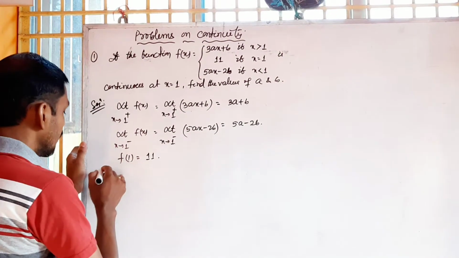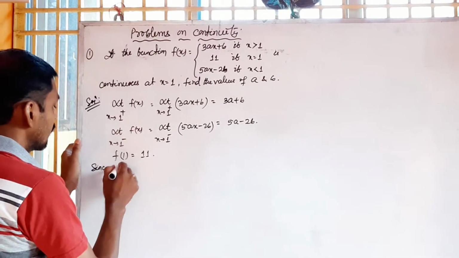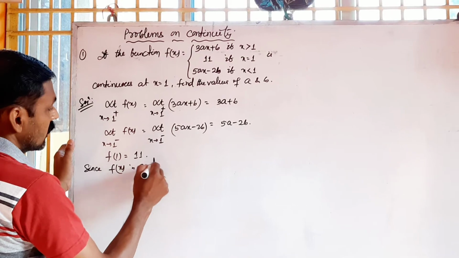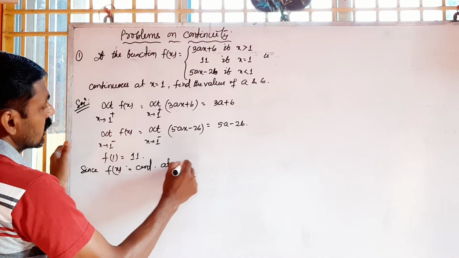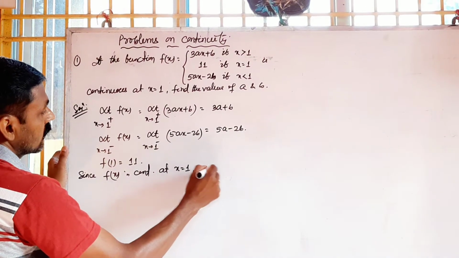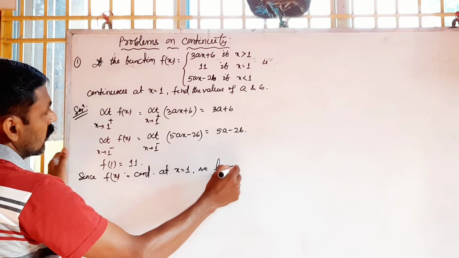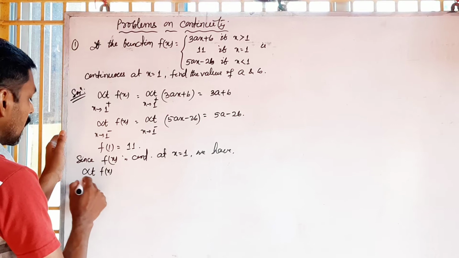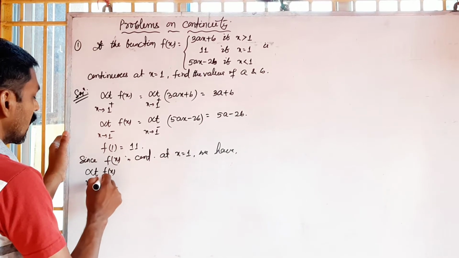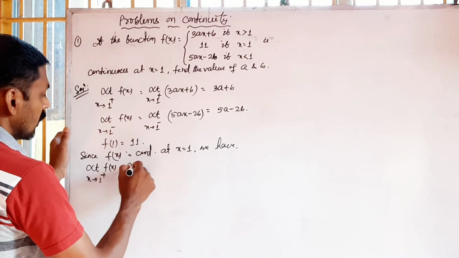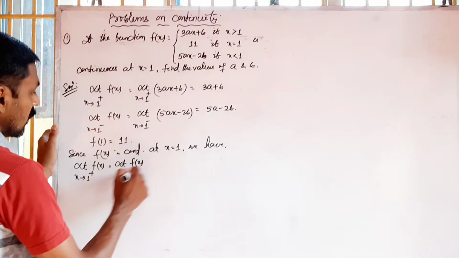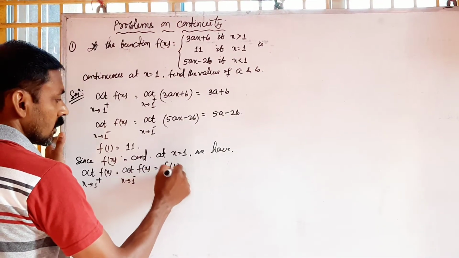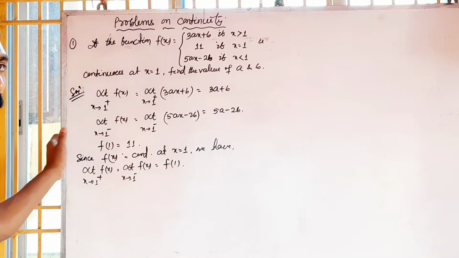Now we will write, since f of x is continuous at x equal to 1, we have the condition: limit of f of x as x tends to 1 plus equal to limit of f of x as x tends to 1 minus must be equal to f of 1.